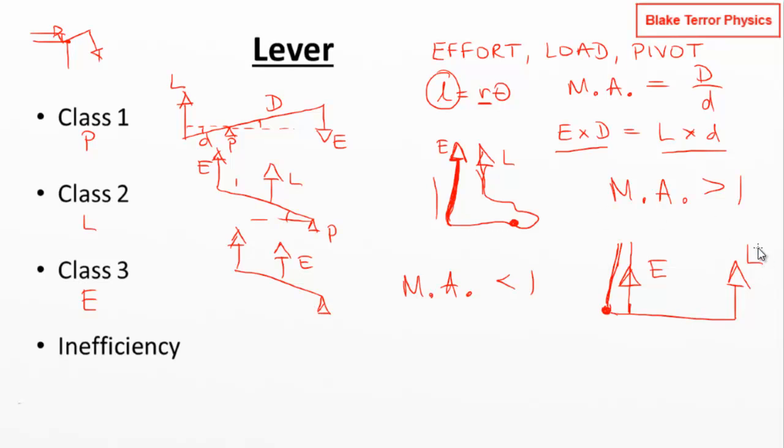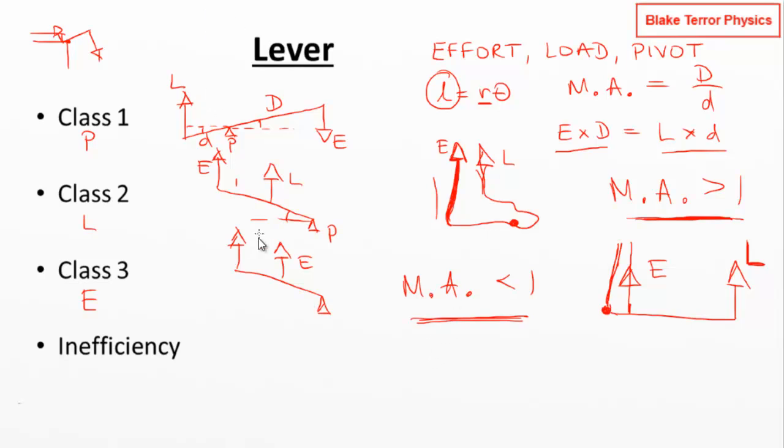This does have the disadvantage, of course, that you can't lift as much. You're going to be able to lift smaller weights by contracting your bicep and lifting a weight in your hand, compared to what we saw in class 2, where a contraction of our calf muscle can lift our entire body, because we're going from a mechanical advantage of greater than 1 for your calf muscle in class 2 to a mechanical advantage of less than 1 using your bicep in class 3.